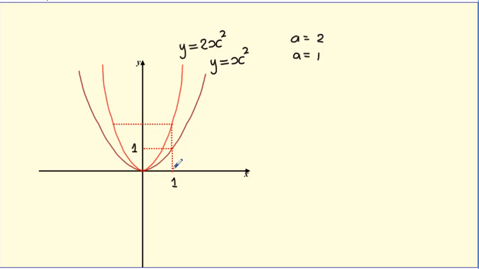Now we'll take an example of the values 1 and -1. If we take this function and say it's f of x equals 2x squared, then you evaluate it at 1, and you see that we get 2 times 1 squared, which is going to give you 2.